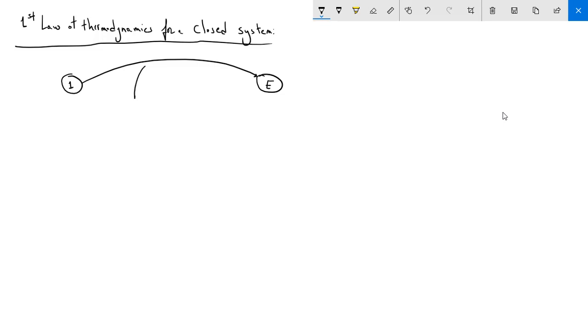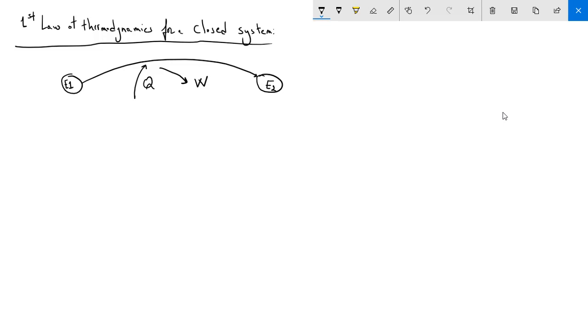By heat and by work with the surrounding. So this is the system at state 1. It has an energy 1, and due to some interaction by heat transfer or by work, it is now at state 2, which has energy 2.